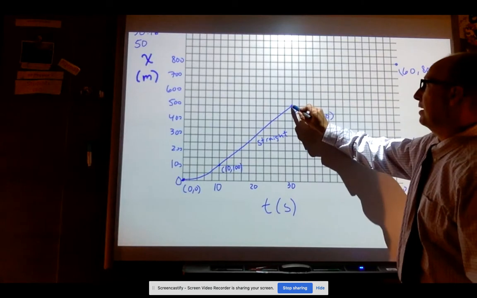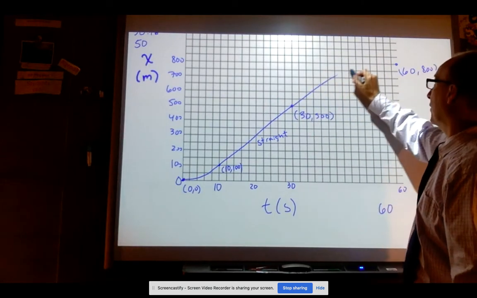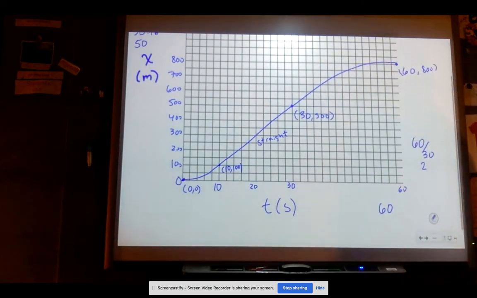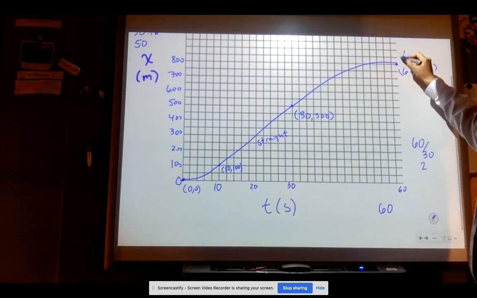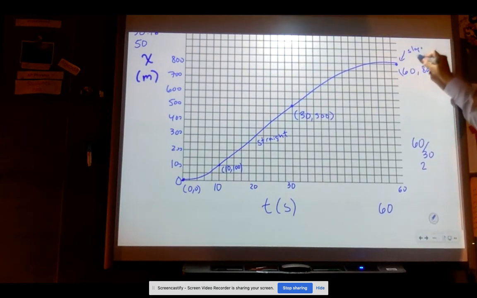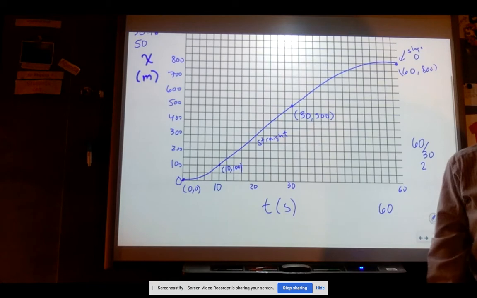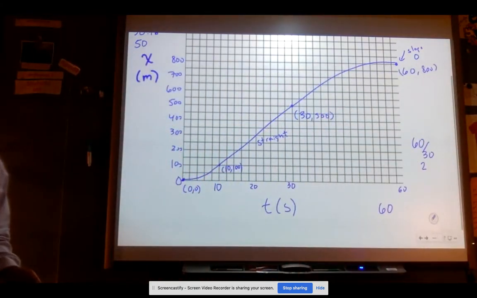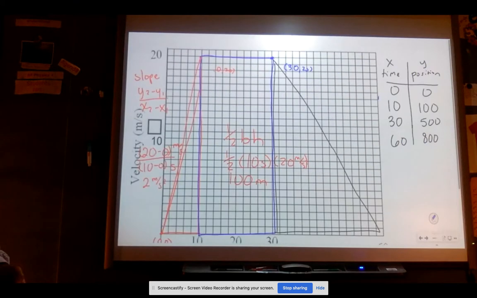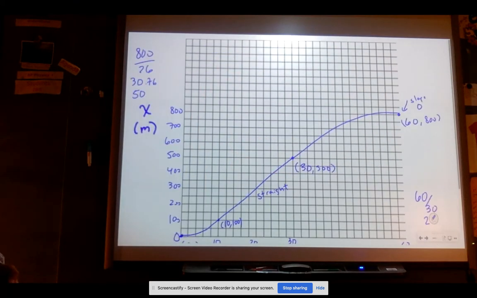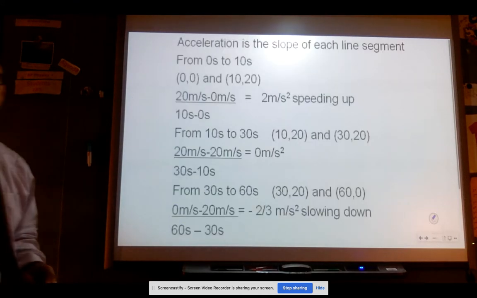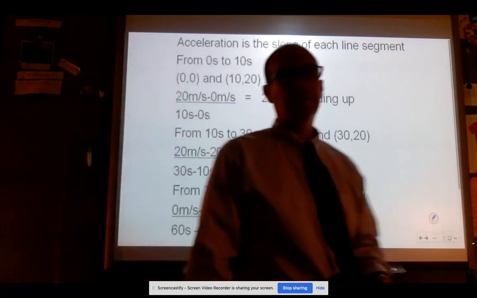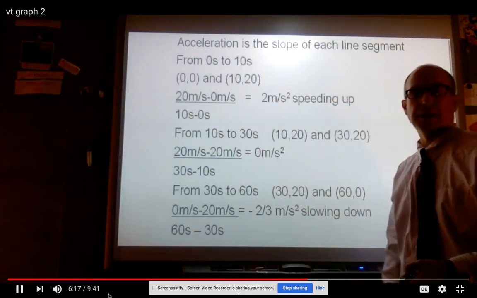So this should curve down like that. And this slope should end up being 0 at the end. So these two show the same thing. I get the same information from this graph and from that graph, even though they look much different. I included the work for the previous one we saw for the accelerations.